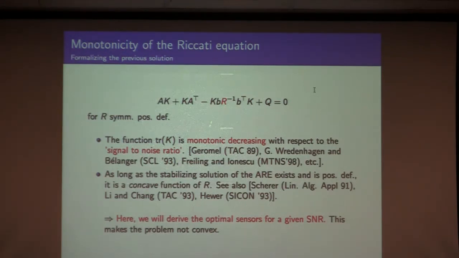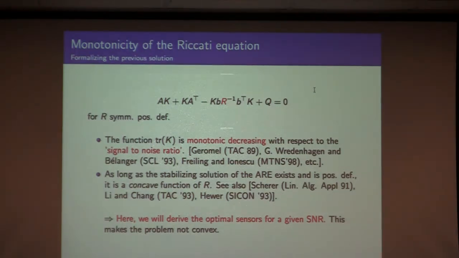If you think of this as a column vector and a row vector, R has to be a scalar. As R increases, you can think of the signal to noise ratio increasing, and K will decrease. This is what this says. So this generalizes the intuitive idea that as the signal to noise ratio improves, the estimation error will decrease.